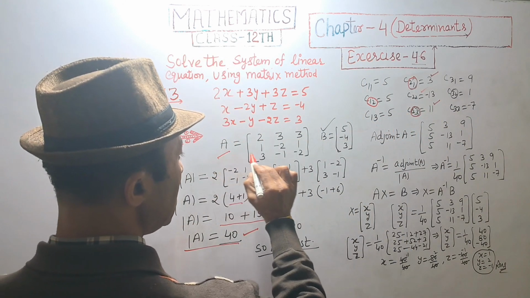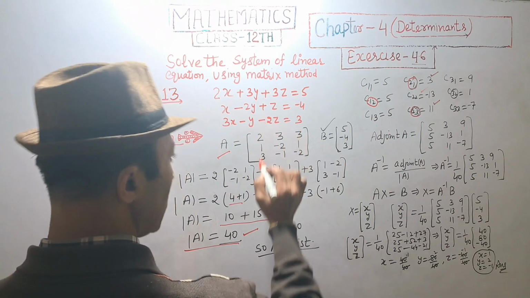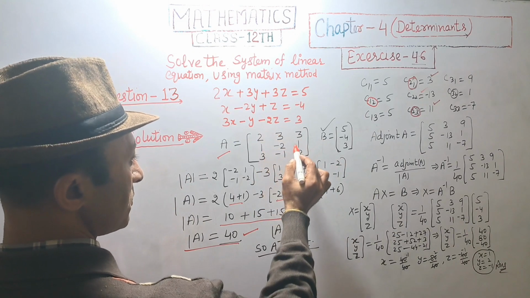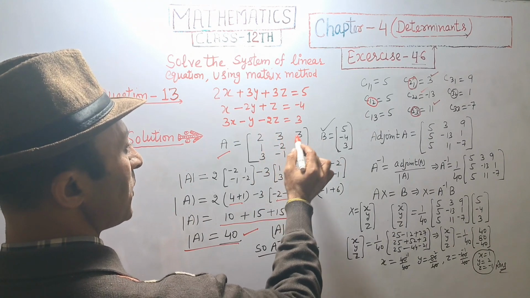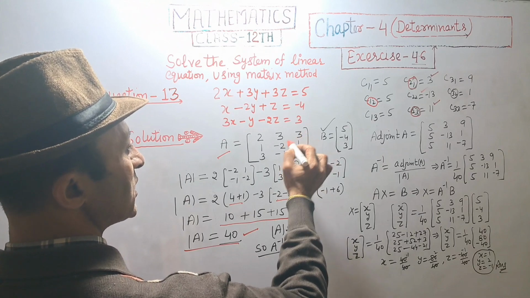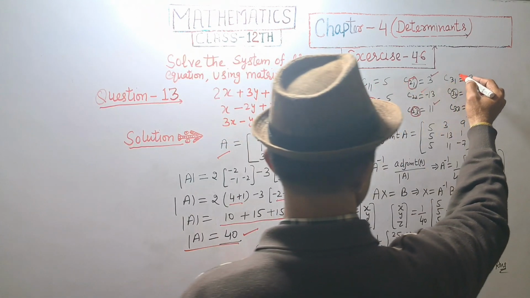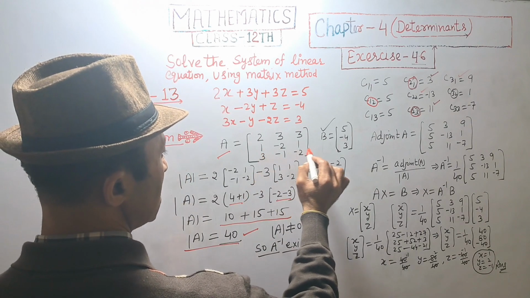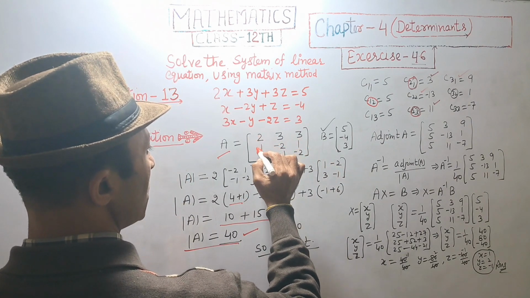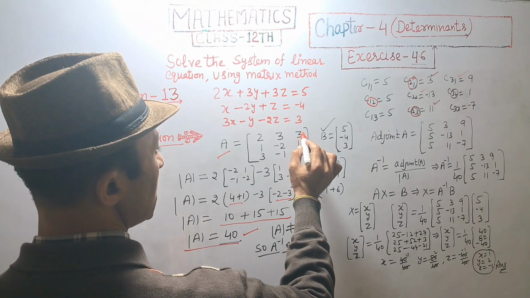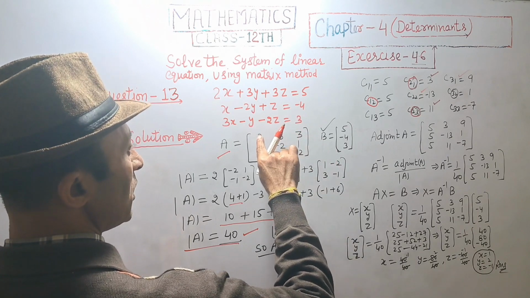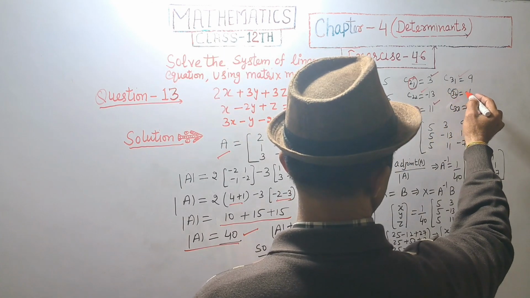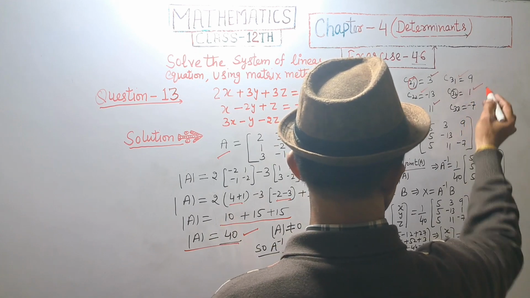And C31, 3 1s are 3 plus 3 2s are 6, 6 plus 3 is 9, that is positive 9. And C32, 2 1s are 2 minus 3, that is minus 1, and minus 1 multiplied by minus, that will be positive 1.